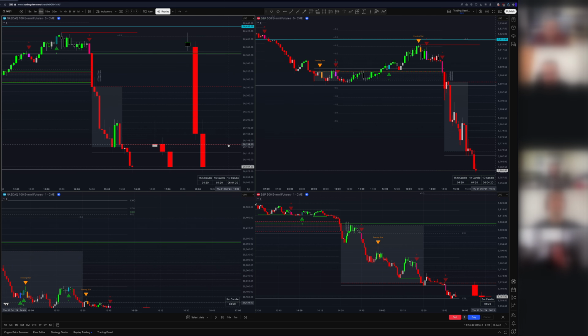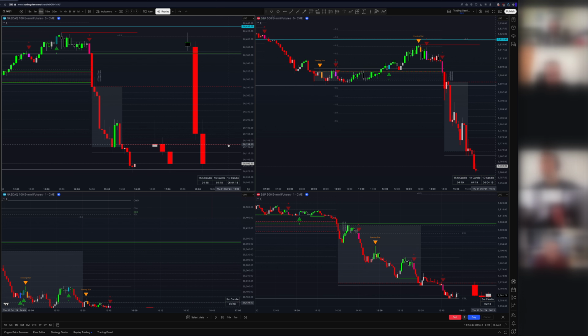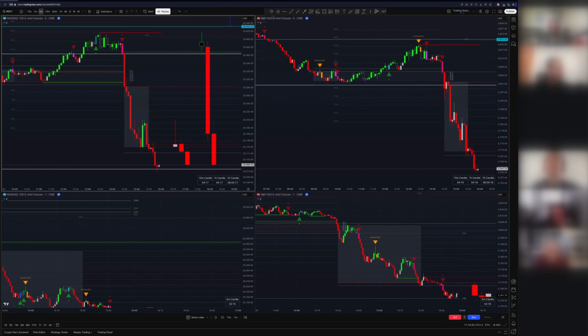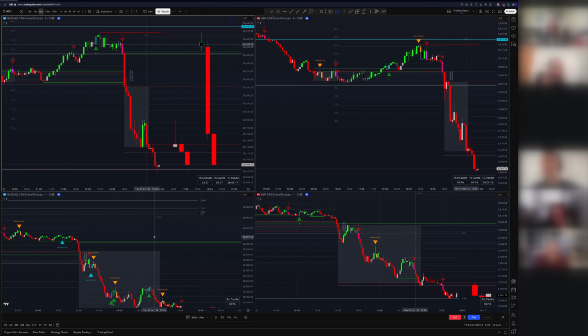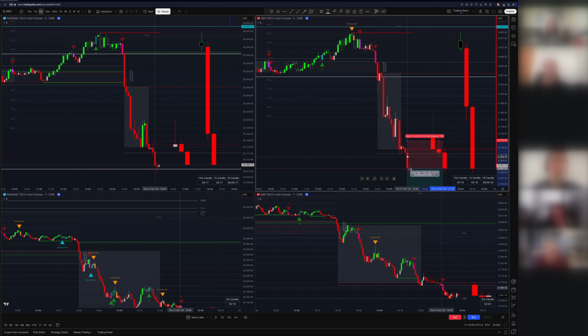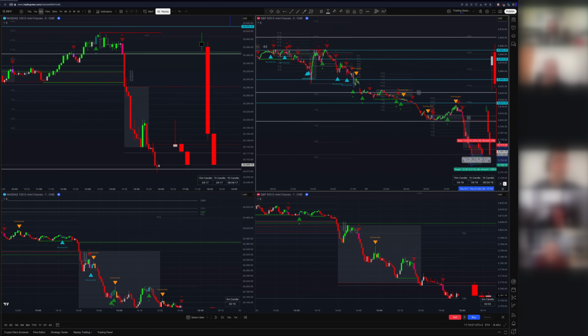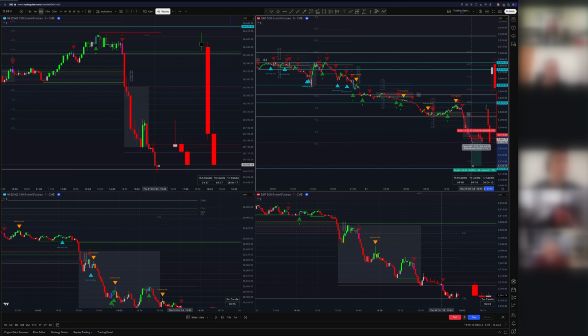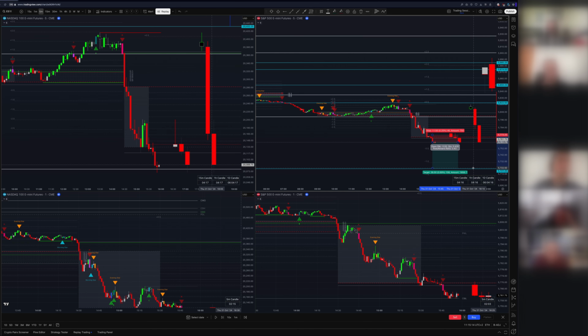How would be an NQ, sorry, S&P short? The risk reward for a short now? In the 5 minutes, where stop? Stop like where it was there. Yeah. And it wouldn't make much. 3.4.